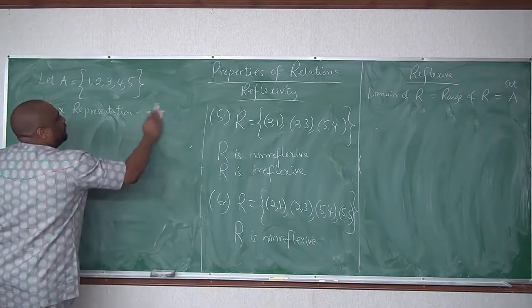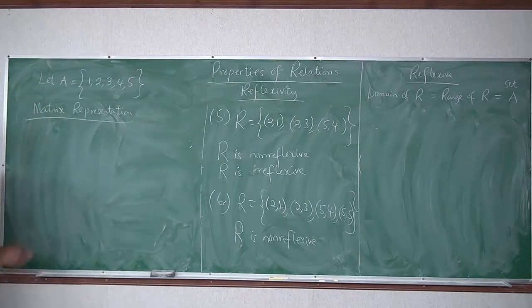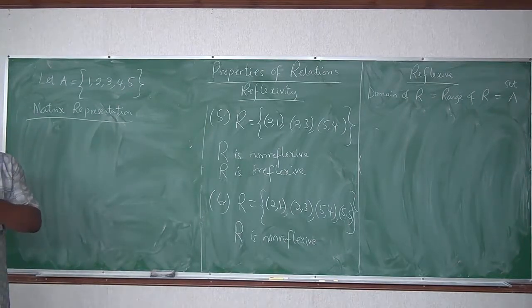Matrix representation of both reflexivity and irreflexivity. Let's look at that. So we need 1, 1. We need 2, 2, 3, 3, 4, 4, 5, 5.